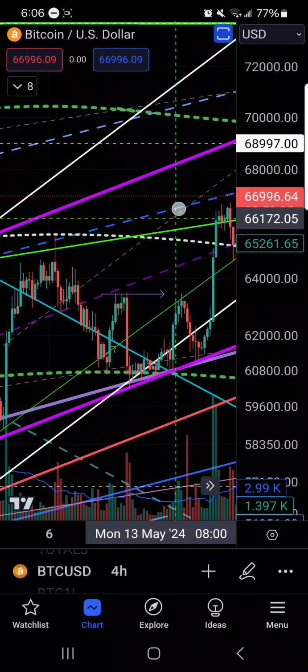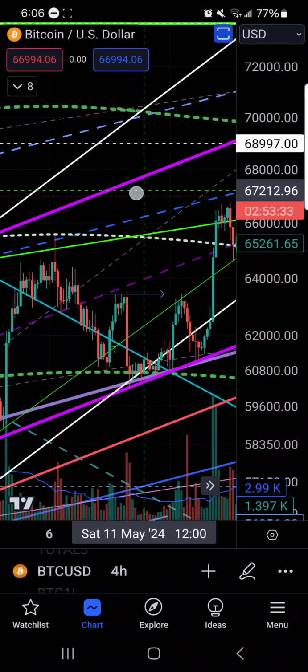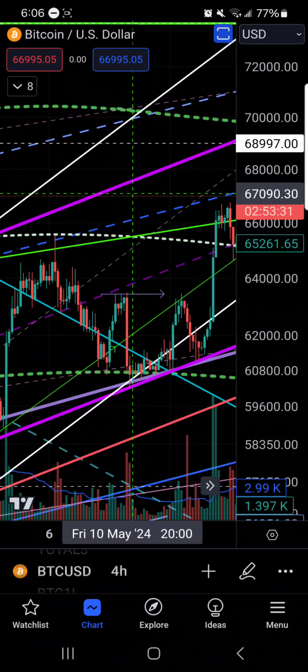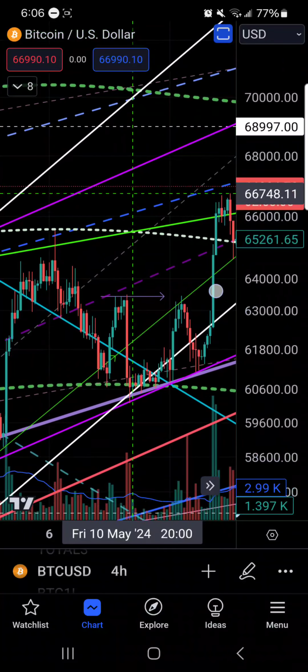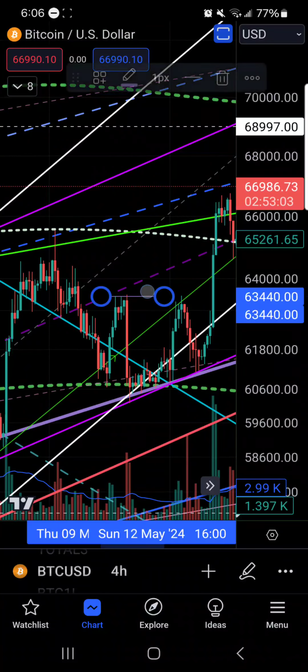All right, so then we have this really bright fuchsia colored channel, and it's kind of important right now. You can see that it's parallel to the red line below it, but we're just going to make it a little less obvious there. And then next, let's get rid of this guy. We don't need this guy here.